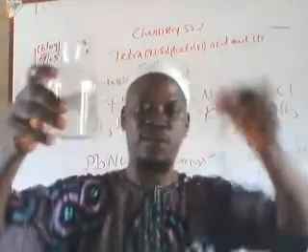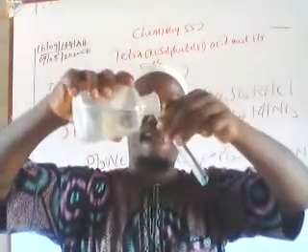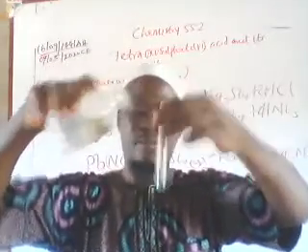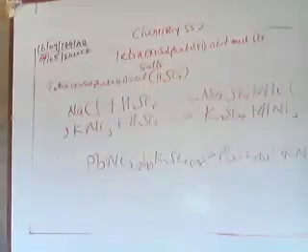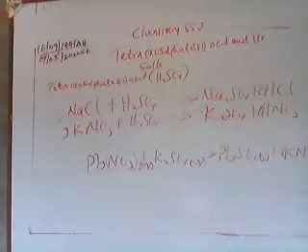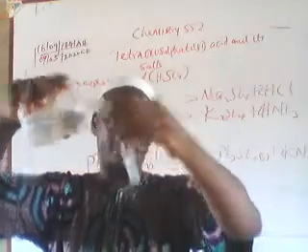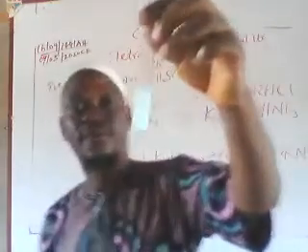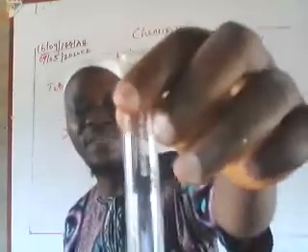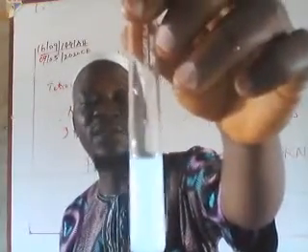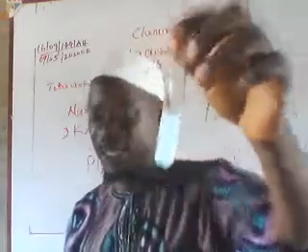This is barium chloride solution. You can see the white precipitate formed is as a result of the tetraoxosulfate 6 ion in it.